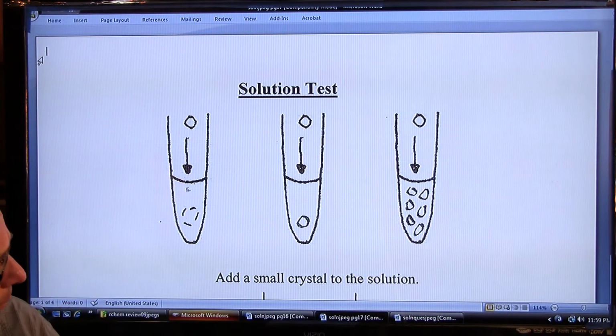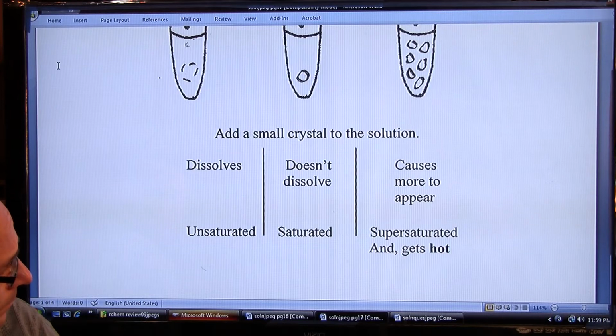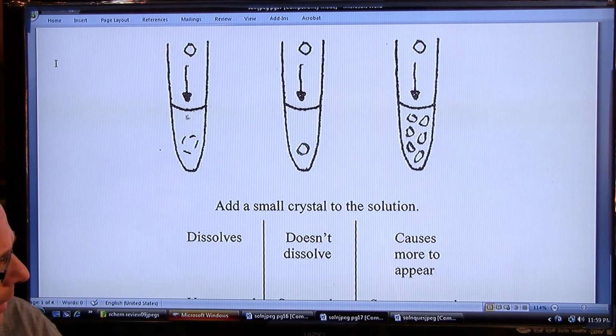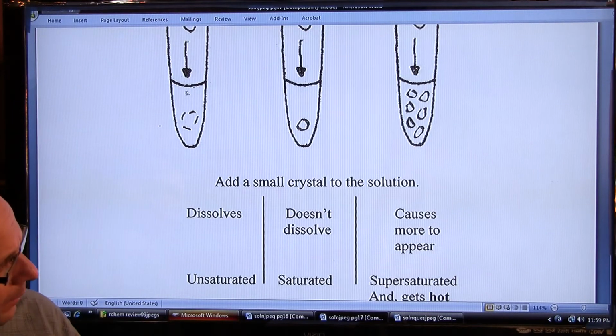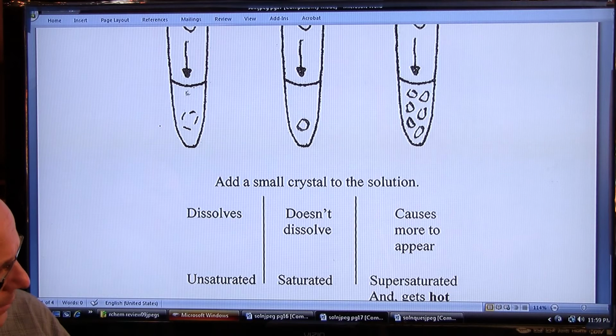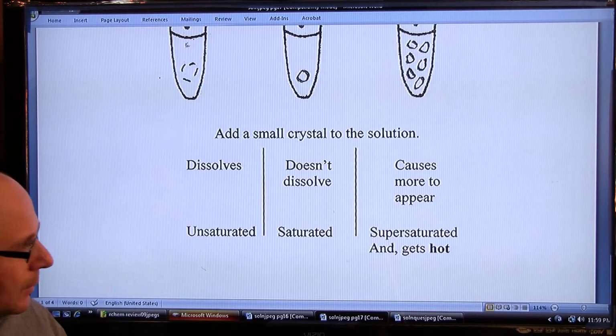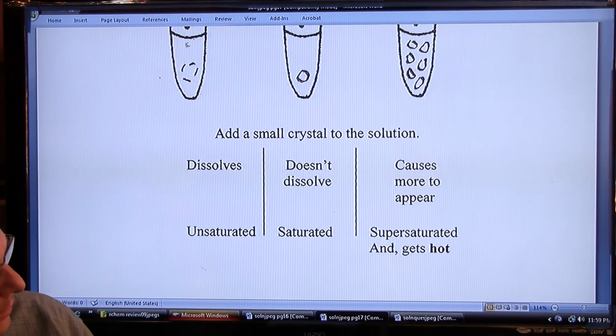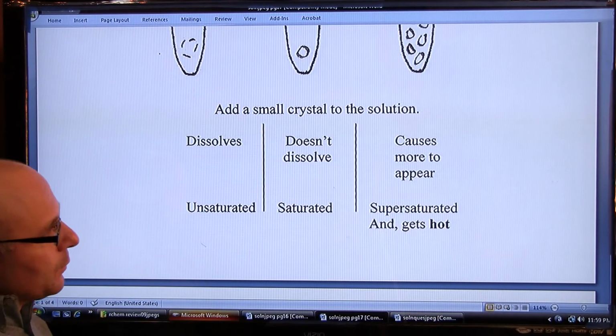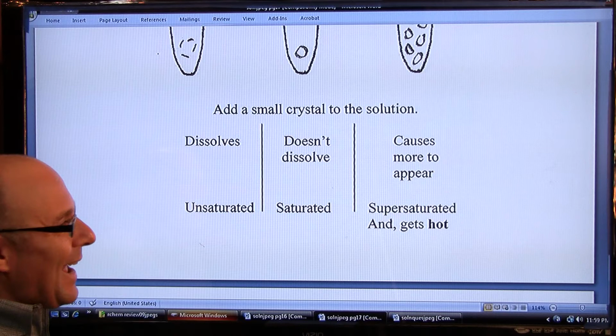And one other thing you should note: when you do this demonstration, which you may have done in class, it would be very memorable, and then the solution is passed around. In the case of the supersaturated solution, it gets hot. The reason for that is because crystallization, that is when the crystals come out of solution, is exothermic.